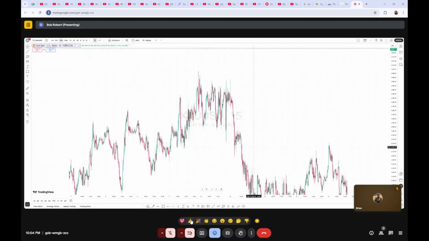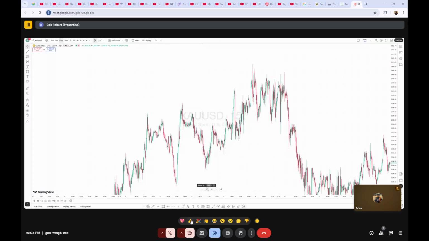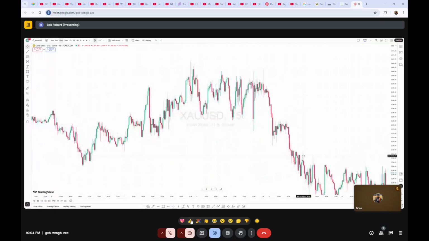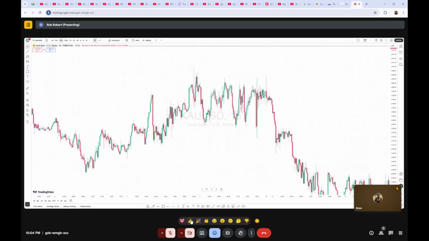So let's take an example of this zone here. Now, this market is in a buy, like this. We have a higher low, higher high, higher low, higher high, higher low, and then higher high. So now these are breaks of structure here.